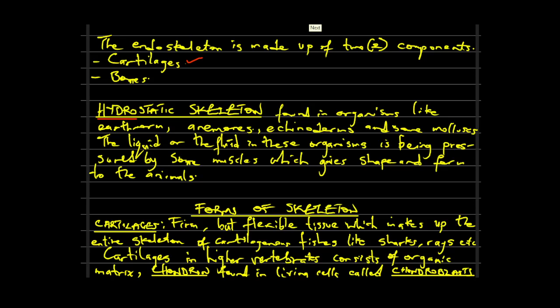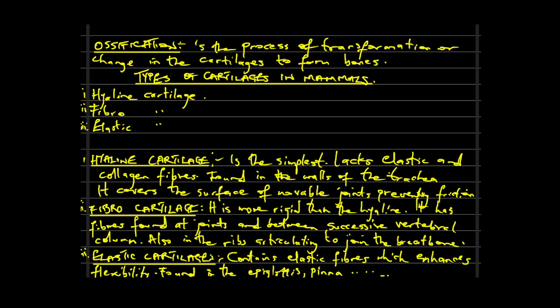And then we talked about the forms of skeleton. We listed the two forms of skeleton: cartilages and bones. Cartilages have three types: the hyaline cartilage, the fibrocartilage, and the elastic cartilage. And then we said that the formation of bones from cartilages is what we refer to as ossification.